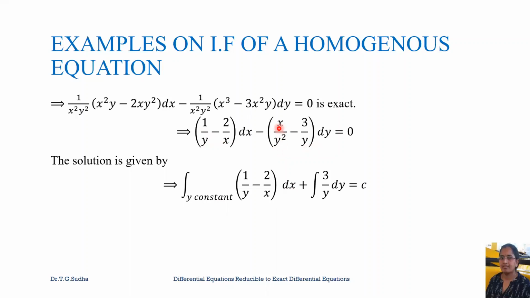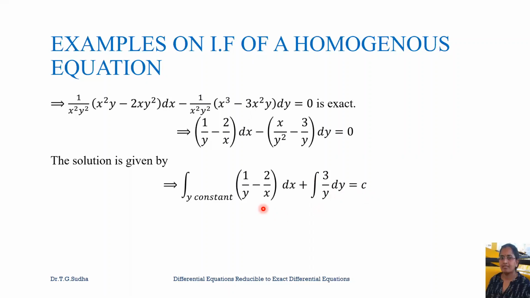The first term in the coefficient of dy contains x, therefore we neglect this term. But the second term, that is minus of minus 3/y, which gives us 3/y, is independent of x. So we consider the term 3/y, which is independent of x, into dy equal to c.